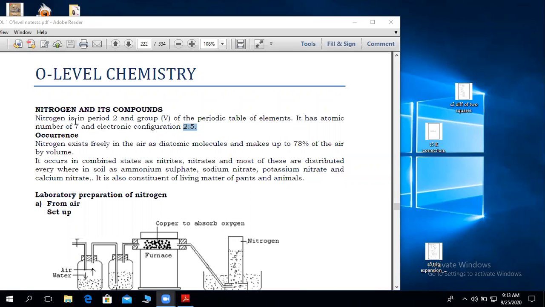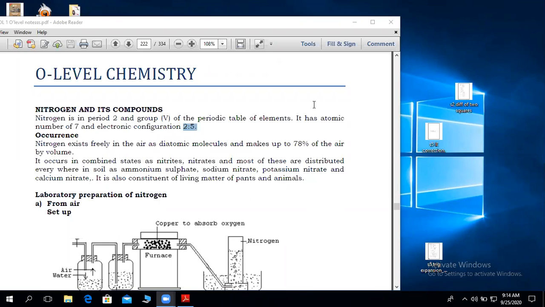Now again, the valence of nitrogen you need to know also, because when it combines with other elements, the valence of nitrogen will be 8 minus 5, which is 3. You know, for elements which have more than 4 electrons in the outermost shell, the way we get their valences is by getting the maximum number of electrons, which is 8, and we subtract 5.